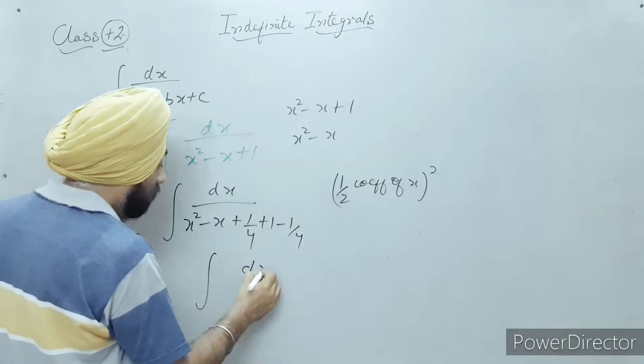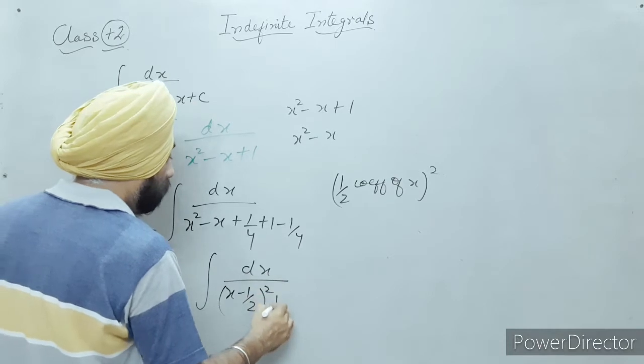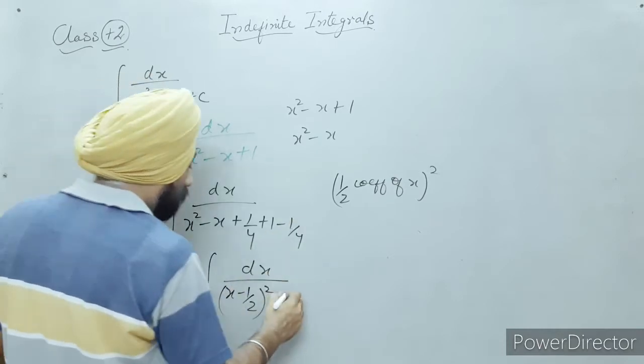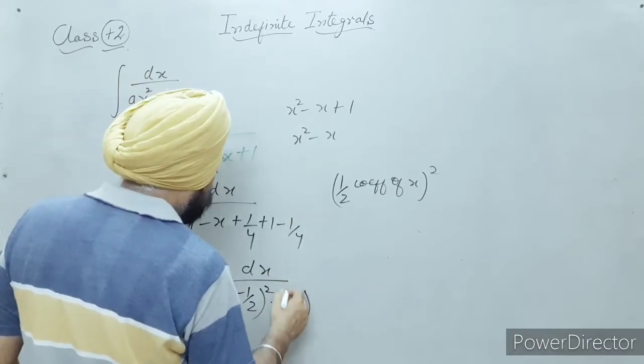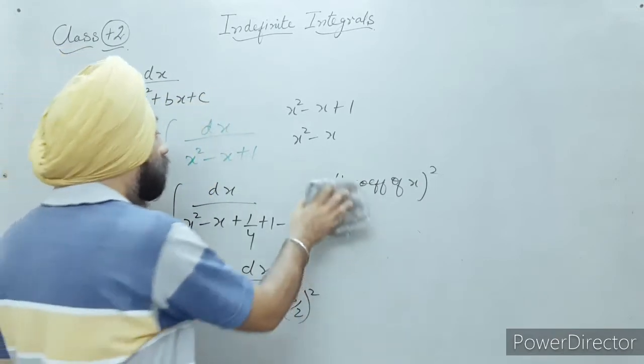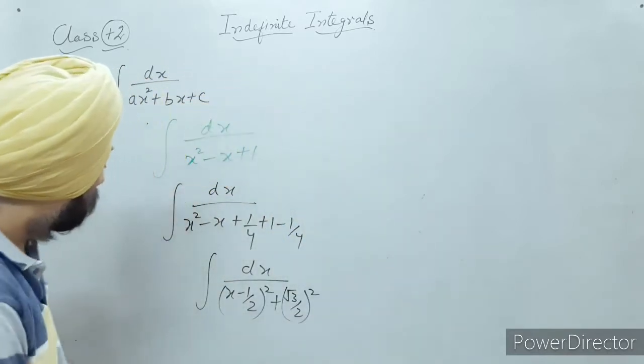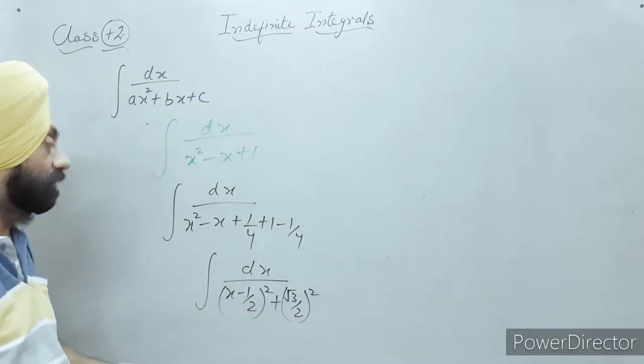Now it becomes dx upon x minus half whole square plus 4 minus 1, that is 3 by 4, so root 3 by 2 whole square. Right? Now I can apply the formulas which we wrote just now. Now it is x square plus a square.